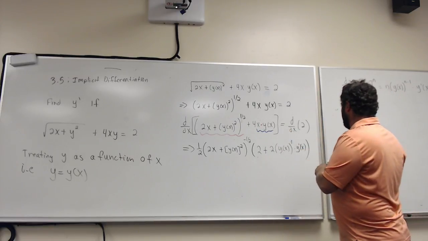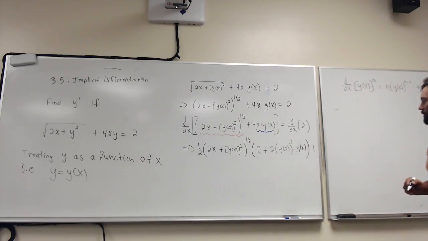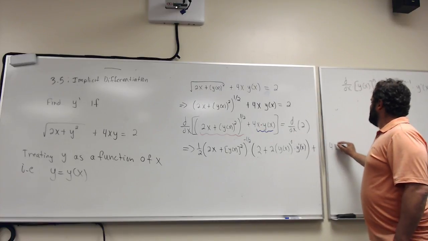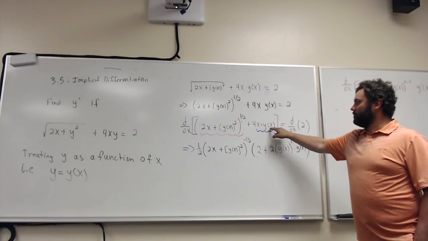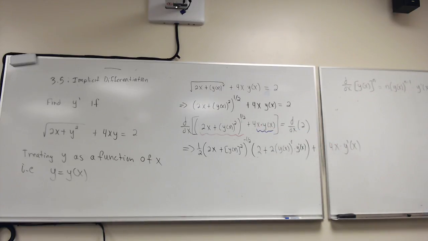So now what I'm going to have is a plus. Okay, and then, let's see. It's going to be first function times the derivative of the second. Now the derivative of a function y of x is y prime. Okay.